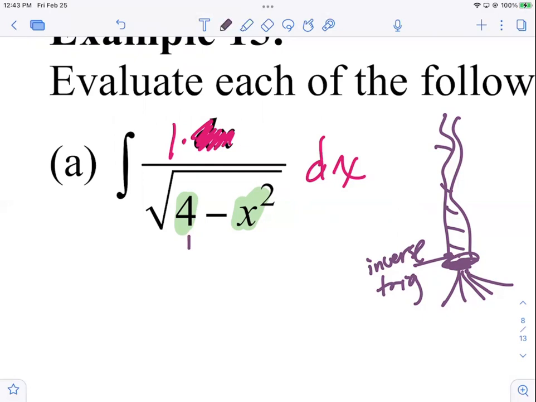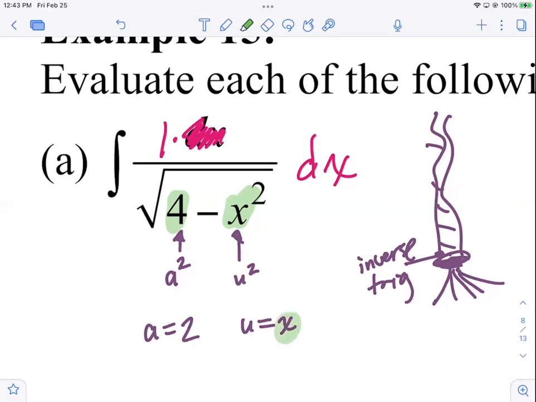Now, here's how you could do this easily. This is a squared then, and this is u squared. If you can identify your a and u, you've got it made. So what would a be if a squared is 4? 2. And if u squared is x squared, what is u? x. Now here's the deal. Don't forget this part.